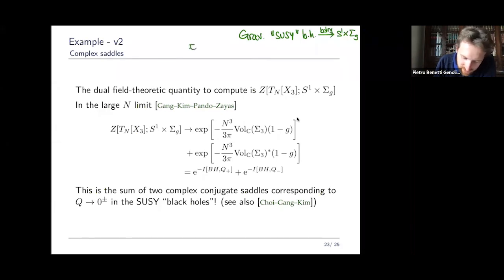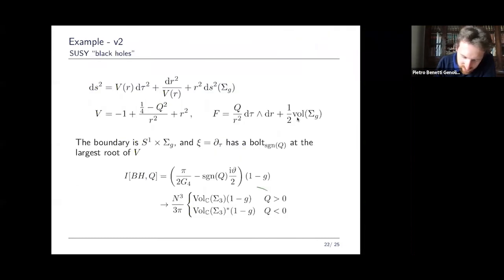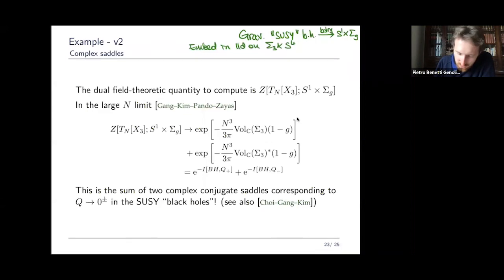Then I embed in 11D on sigma 3 times S4, and I obtain this guess. This is the thing that I should match.